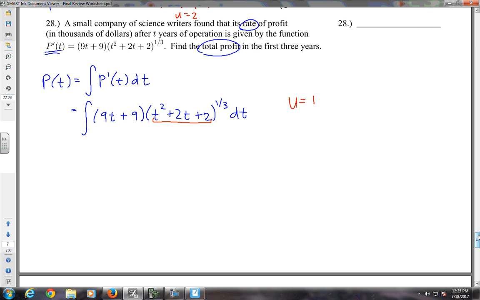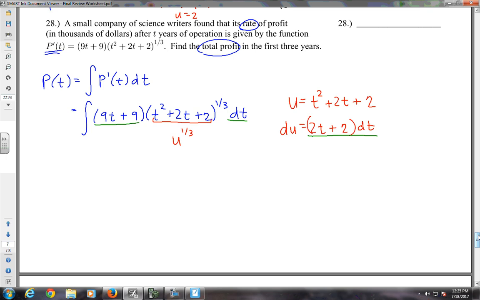Let's let u be the inside part of that composition, so that the derivative du is 2t plus 2 dt. So this part of my integral is going to become u to the 1/3, and my leftovers are 9t plus 9 dt. I have in my leftovers over here 2t plus 2.